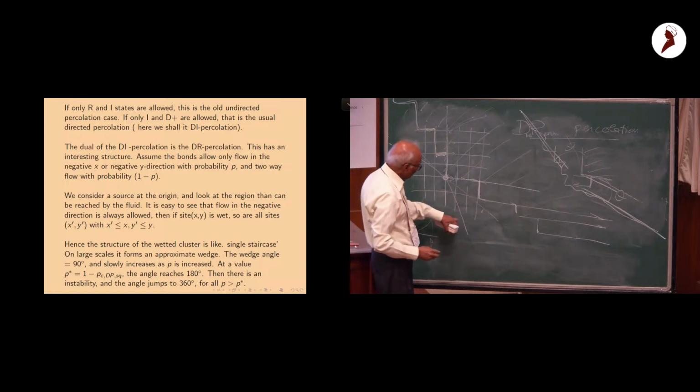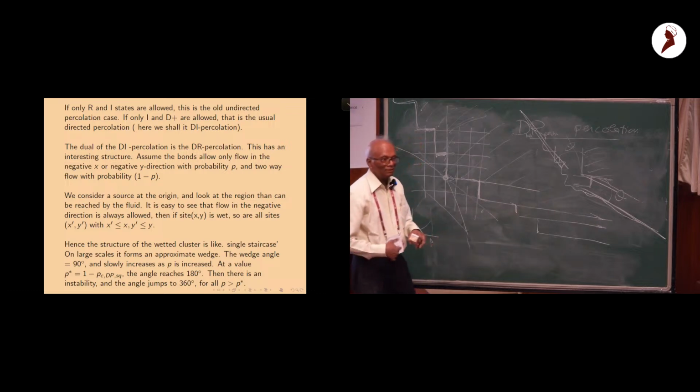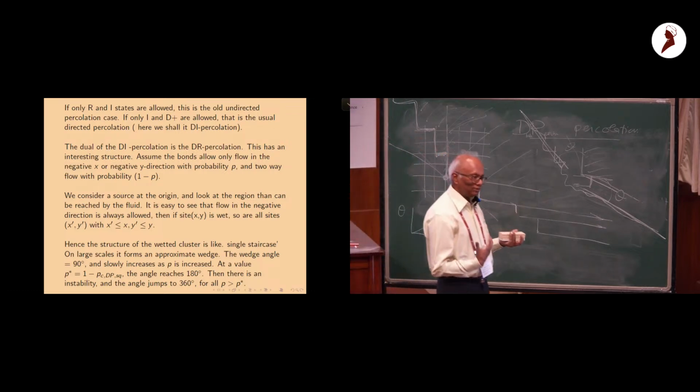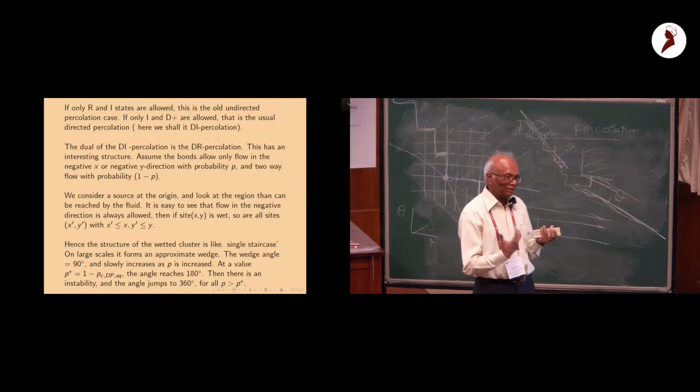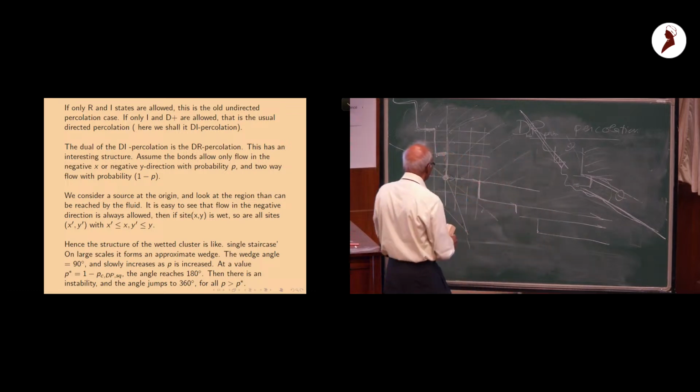But if it becomes like this, then from this side I can again use the same argument and say that all this will become a wedge like that. And it's easy to see that as soon as theta crosses pi by 4, it will wet everything. Is this argument clear? It's actually quite straightforward, but I'm just trying to ensure that you have understood.